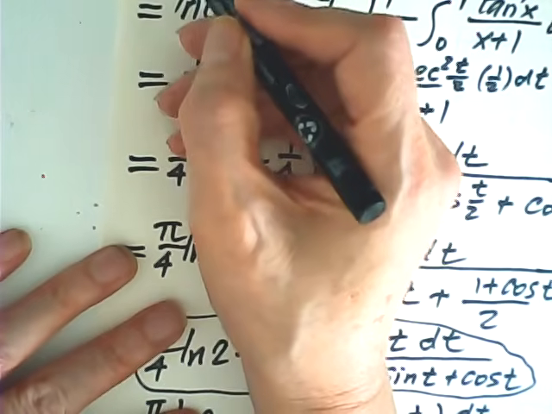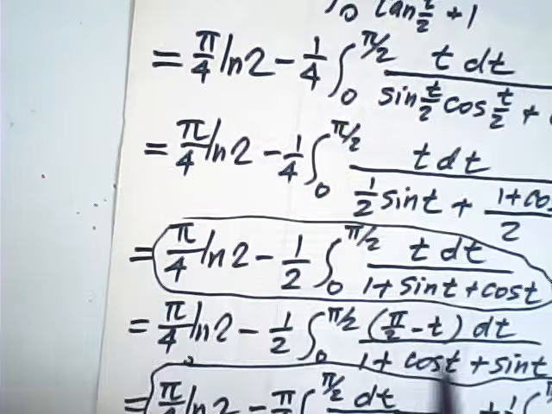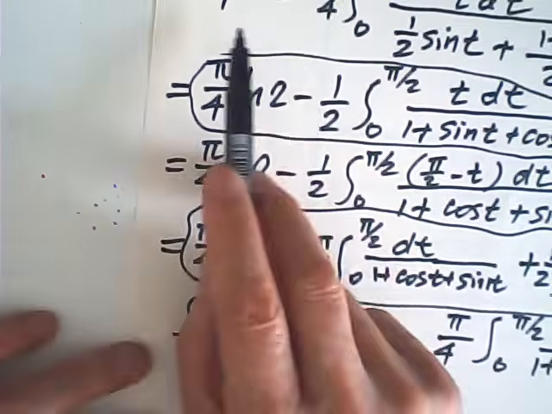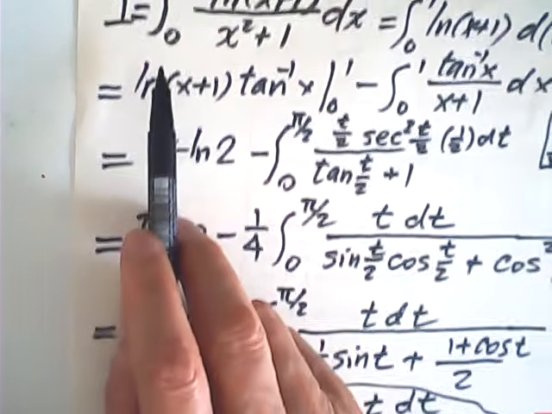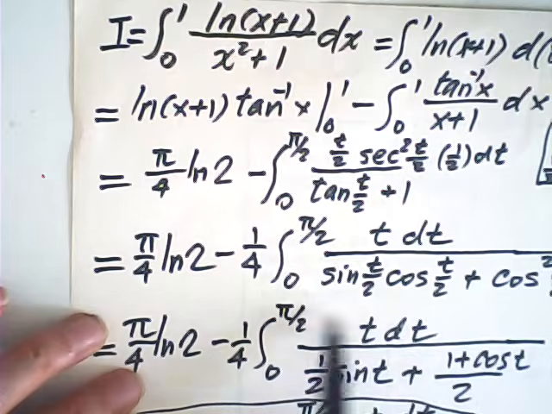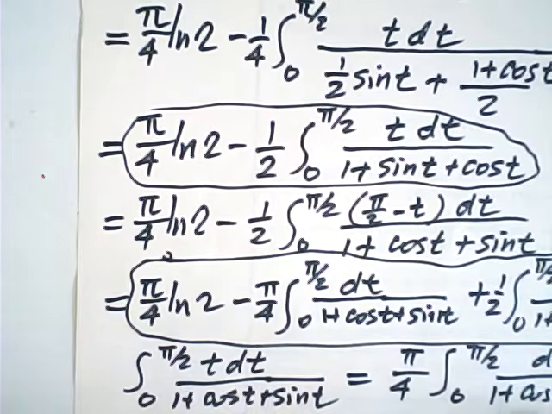Then see my integral I. My I is equal to what? It is equal to this one times this. My I is equal to this minus a quarter times this, and this is equal to this.